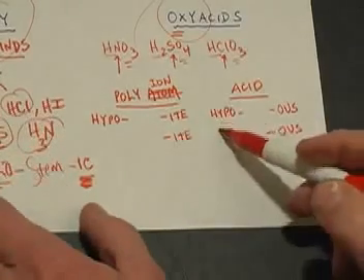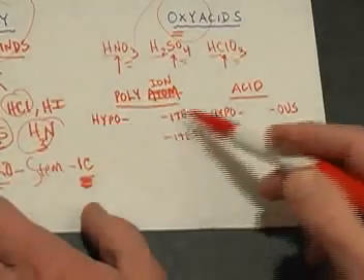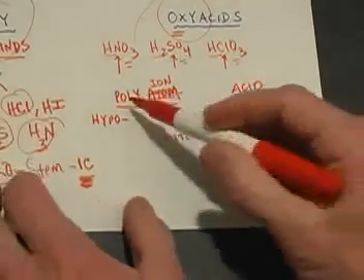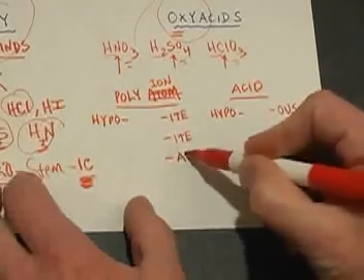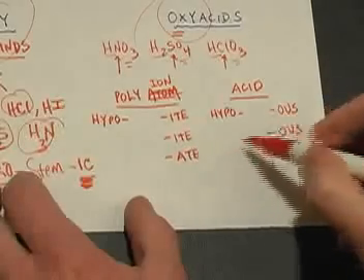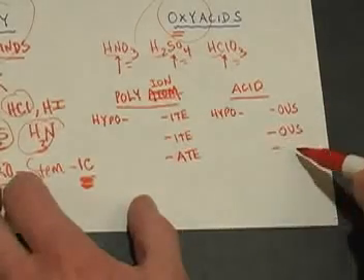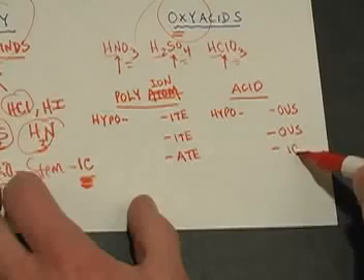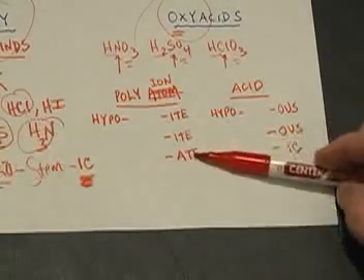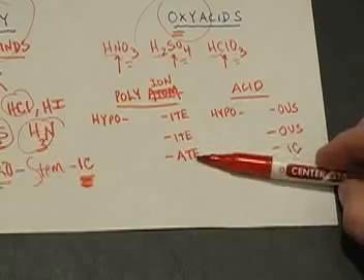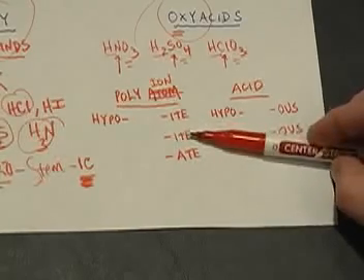Notice there's no prefix on any of these unless there was a hypo prefix. If the polyatomic ion name ended in ate, then the acid name will change to ic. And if you remember your polyatomic ions that ended in ate always had one more oxygen than the polyatomic ion name ending in ite.